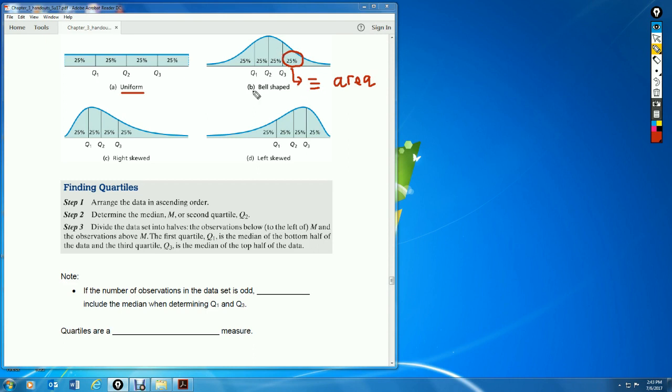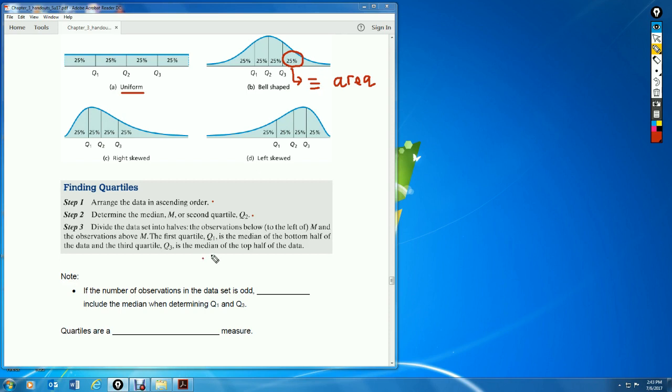All right, and then just for information on how do you actually find the quartiles, here's the definition straight out of the book. Start by arranging your data in ascending order, smallest to largest. The easiest is first find the median, which is the same as the second quartile, and we already know how to do that, depending on whether there's an odd or even number of data values.